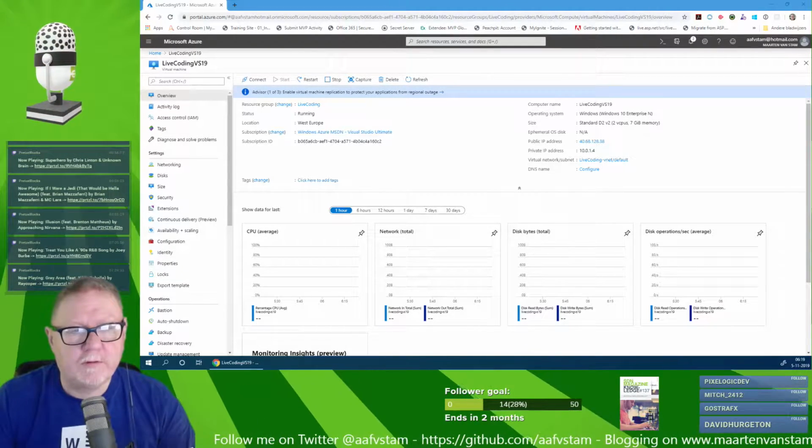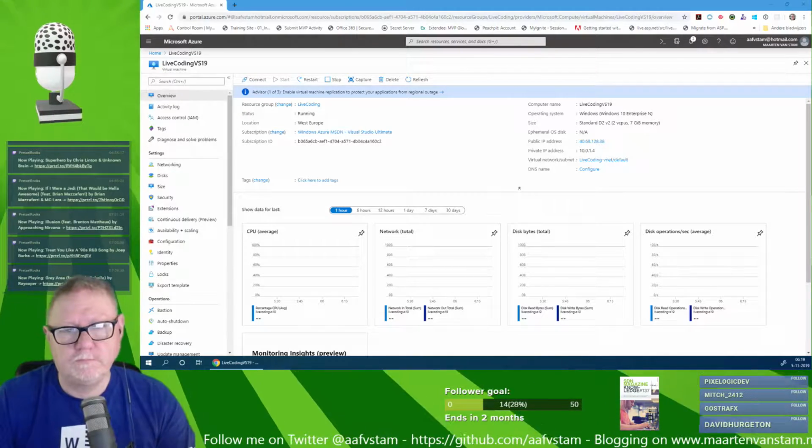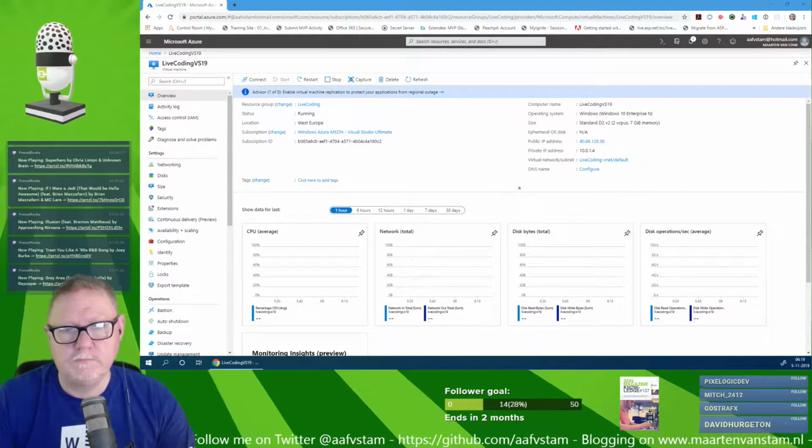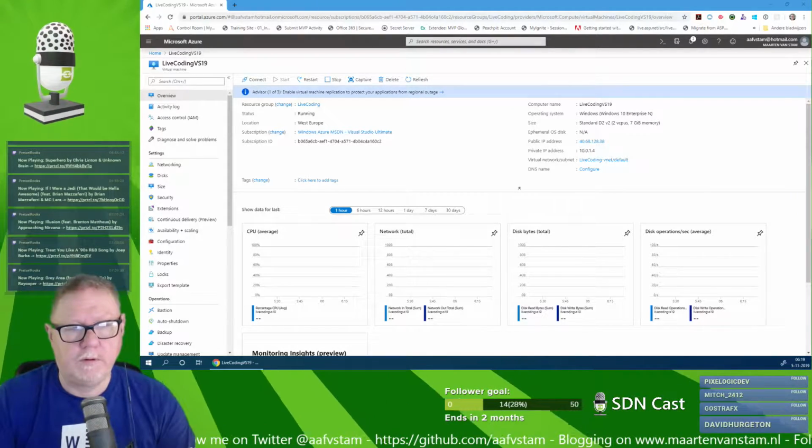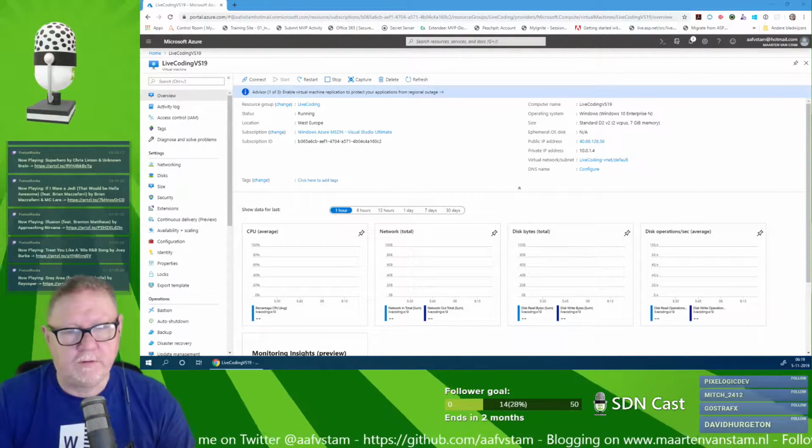Parallel map flow. Let's do it like this.